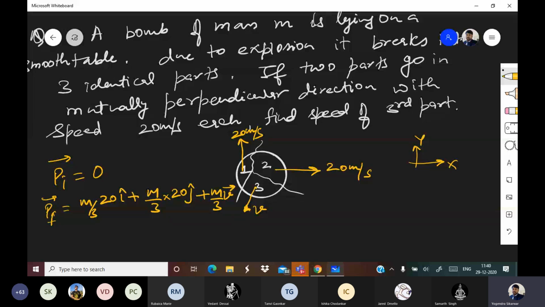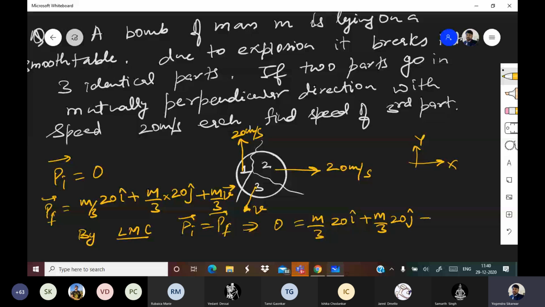This is P final. So by LMC, P initial vector is equal to P final vector. So 0 is equal to m by 3 into 20 i cap plus m by 3 into 20 j cap plus m by 3 into v vector.